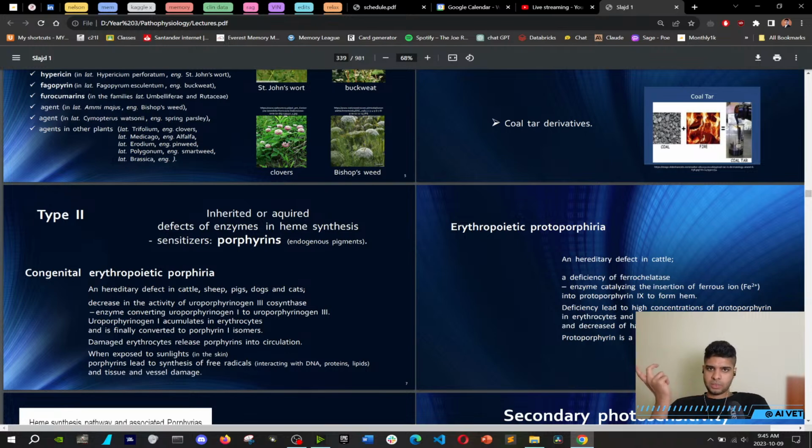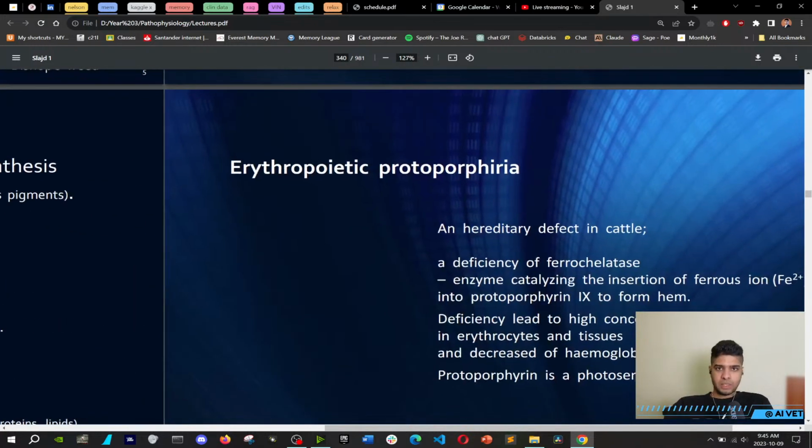Because that enzyme is not there, uroporphyrinogen 1 accumulates in erythrocytes and is finally converted to porphyrin 1 instead of uroporphyrinogen 3. When released into circulation and exposed to sunlight, porphyrin 1 can lead to free radicals that can interact with DNA, protein, and lipid, causing tissue damage. Okay, I heard it in cattle.